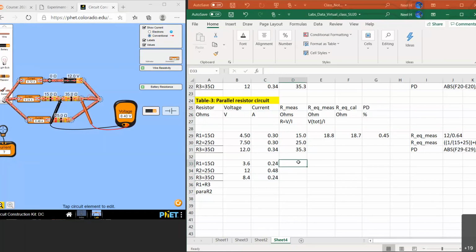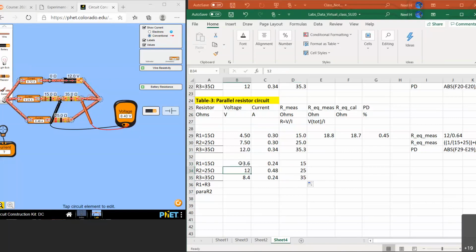Then we can use the voltage and the current to get all the resistance values, right? Voltage divided by the current: 15, 25, and 35. Okay, good. Any question so far? So I'm getting the right numbers there, right? Make sure you format everything accordingly.